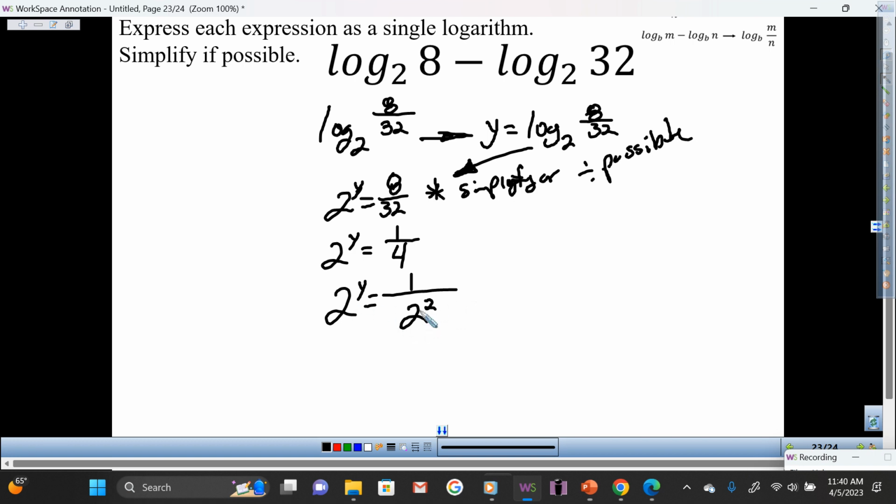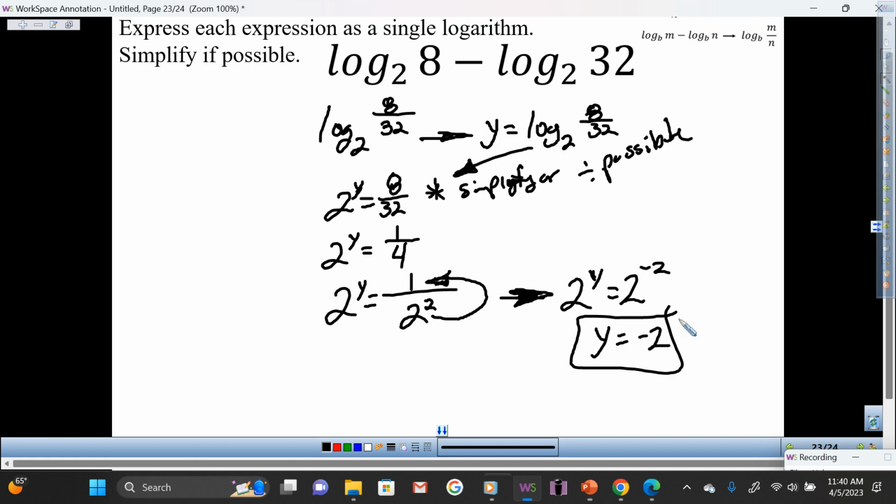Now, are they the same base? Almost. This is a fraction. To get it out of the fraction, we send it to the numerator. And tell me what to write, Diego Romo. 2 to the y equals what? To the negative 2, yes. So y equals negative 2.